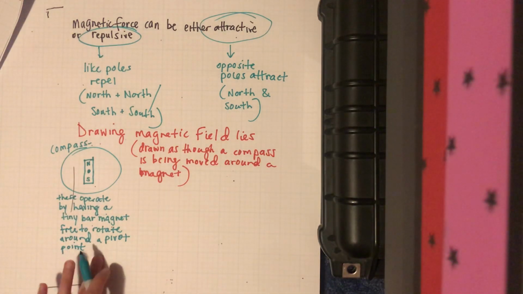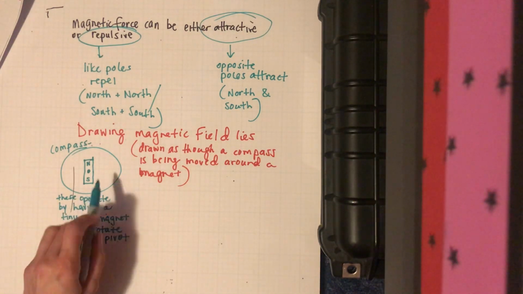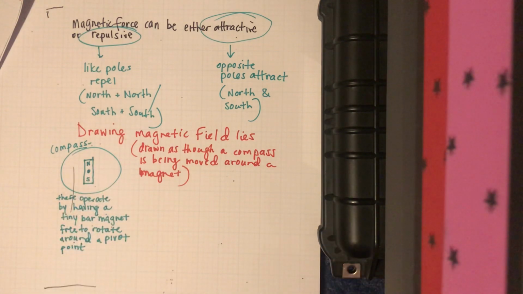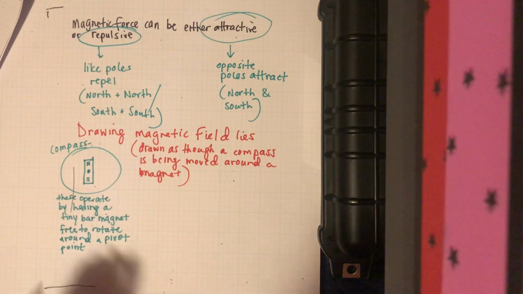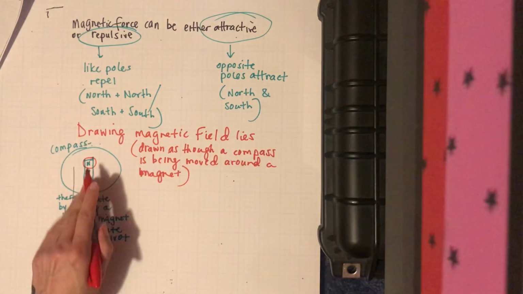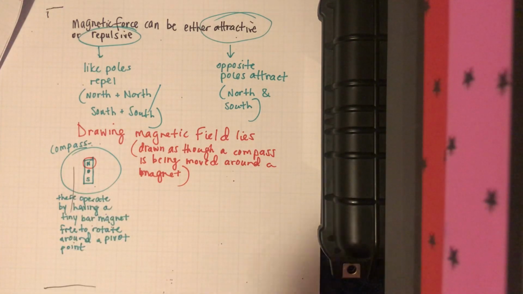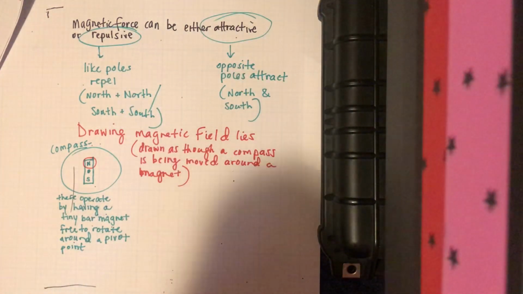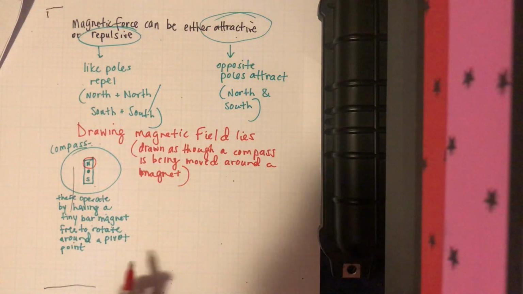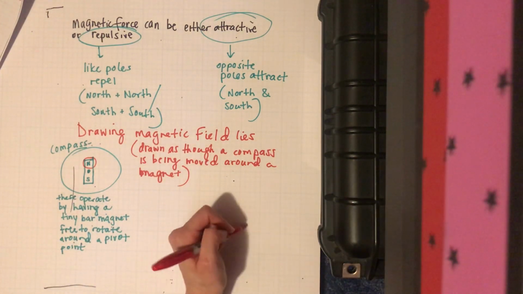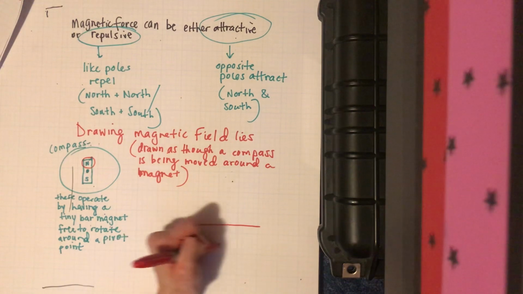Anytime we draw our field lines, it's always going to be indicative of which way north would point on your compass. Okay, so let's start by drawing the magnetic field around one bar magnet first.